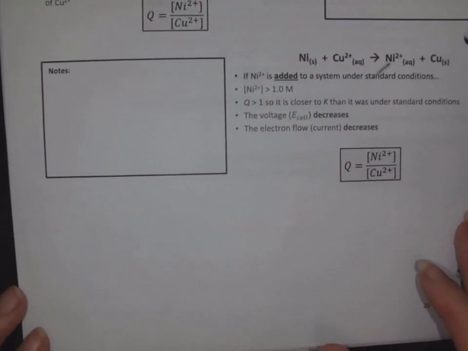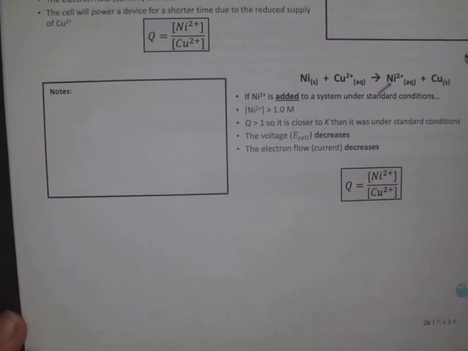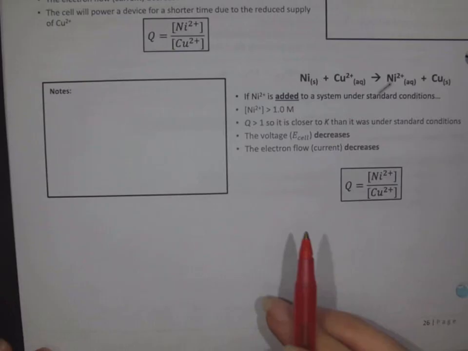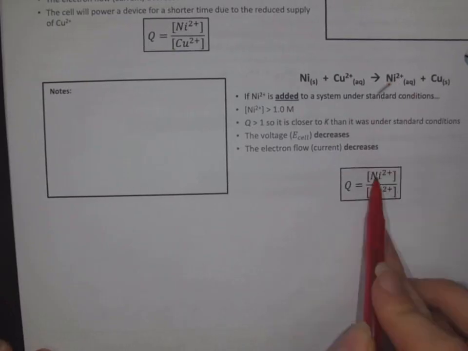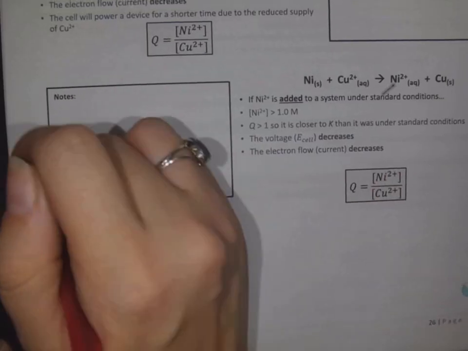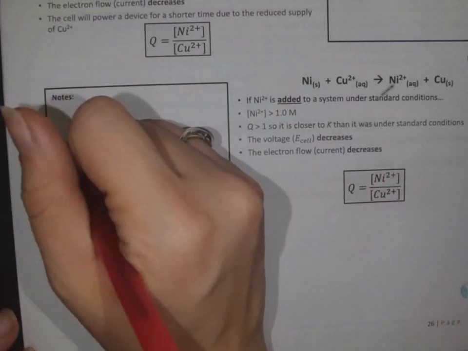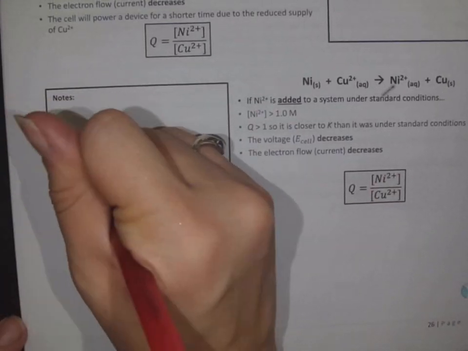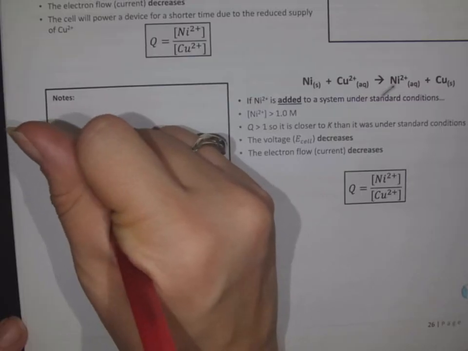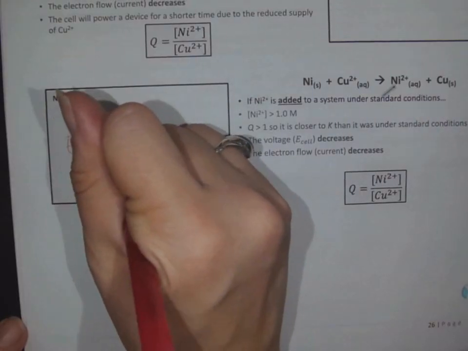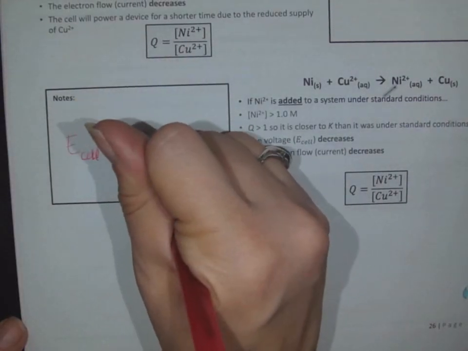Okay, great. Now, what about this one? We're adding some of this. So same as before, that would make Q bigger, and we saw that has the opposite effect on our E cell. So our E cell would be lower voltage than what it was before. Great.